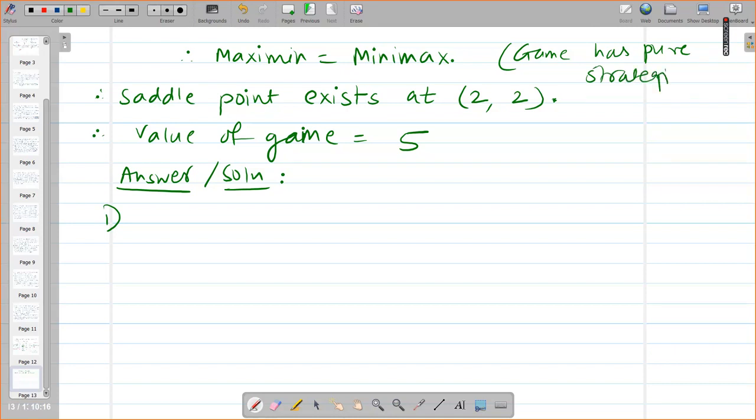That means throughout the game, if there are 20 moves, in all 20 moves player A will use only the second strategy. In all 20 moves player B will use only strategy 2. So pure strategy for player A. This is how you are expected to write the solution.